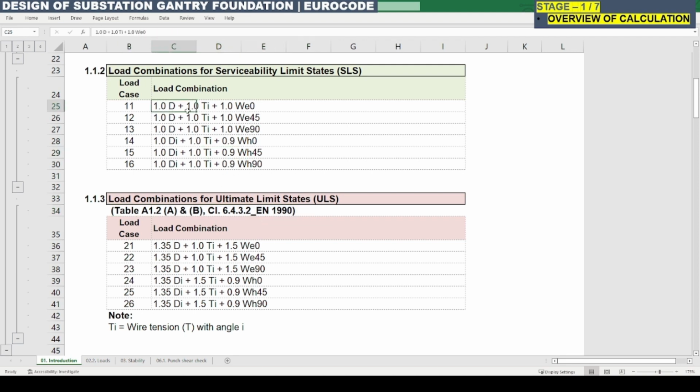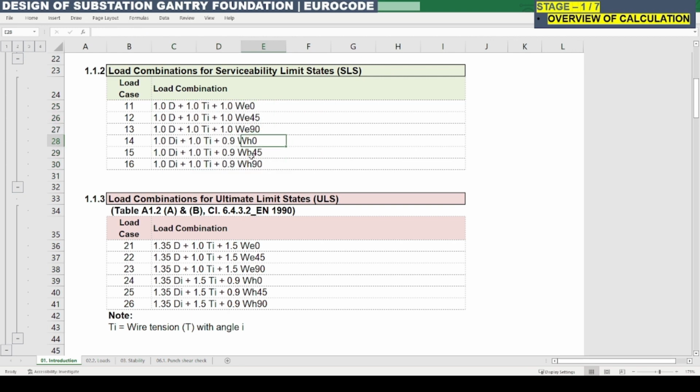For service load combinations we need to combine the dead load plus wire tension loads plus the wind load in 3 directions, 0, 45 and 90 degree. 0 is parallel to the conductor, 45 is diagonal to the conductor span, and 90 is perpendicular to the conductor span. So these are the considerations we need to make.